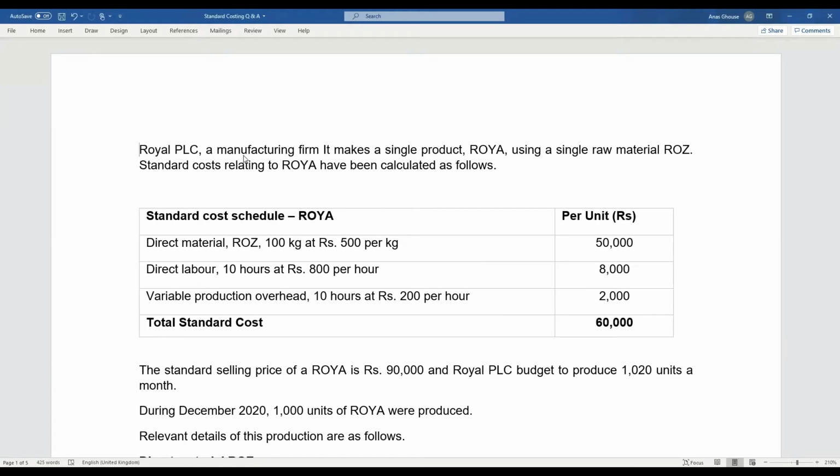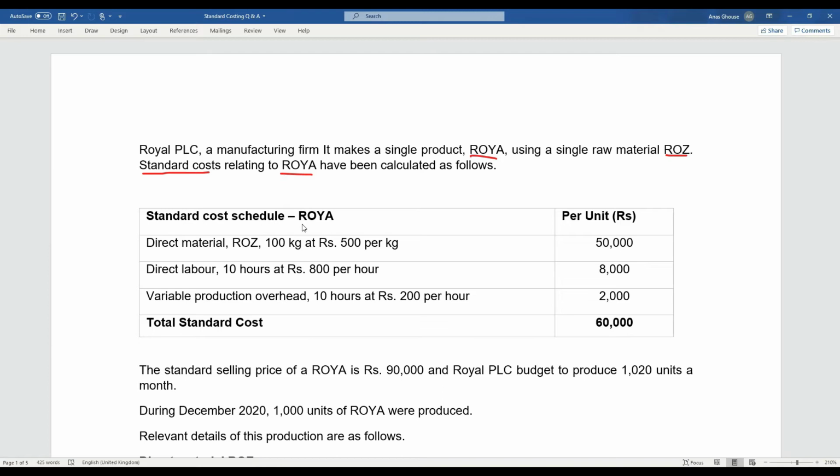Royal PLC, a manufacturing firm, makes a single product, Roya, using a single raw material, rose. Standard costs relating to Roya have been calculated as follows. So you have been given the standard cost information for a single product called Roya.